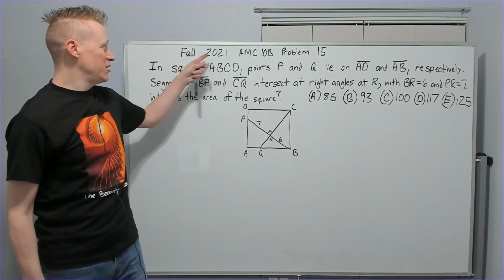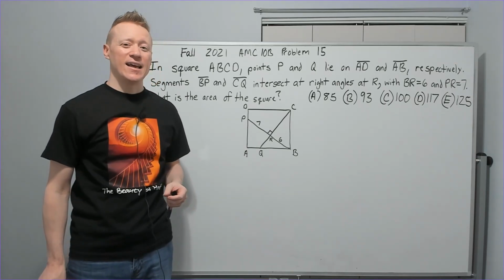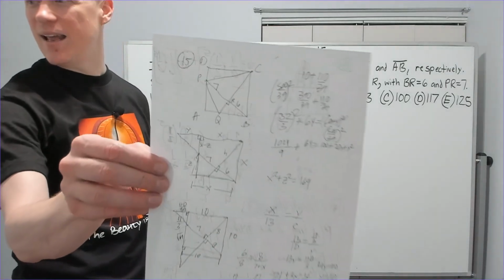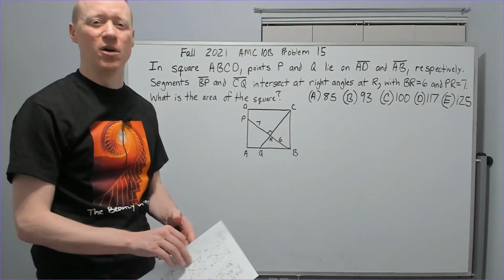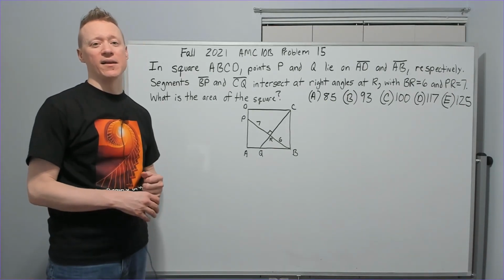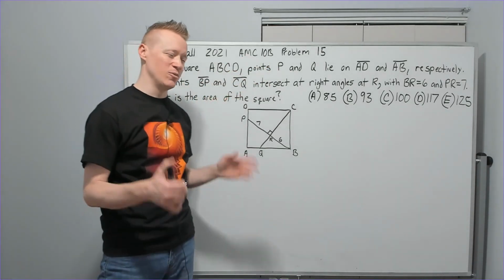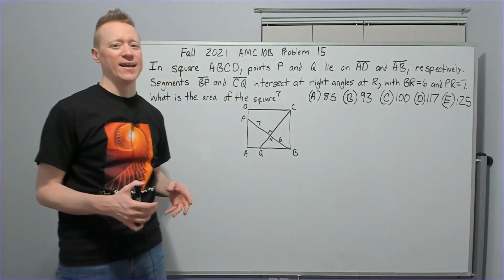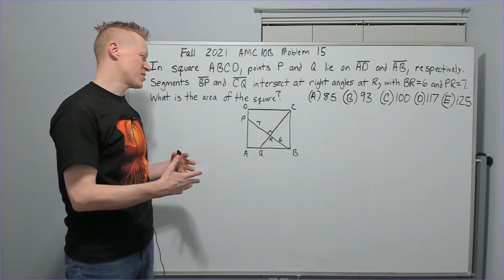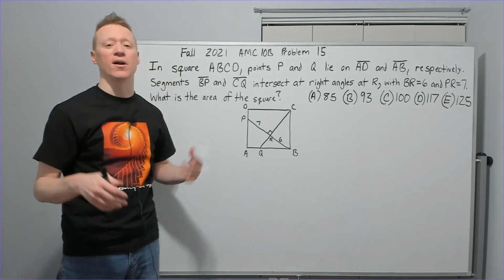Okay, the Fall 2021 AMC 10B problem 15. If you struggled with this one, let me tell you, I did not have an easy time of it. There were multiple things that I tried before finally finding something that worked. If you ended up skipping this problem, honestly, you should not feel bad. The approach was cleverly disguised, and there are so many different things you could do that you've seen in previous similar problem types.